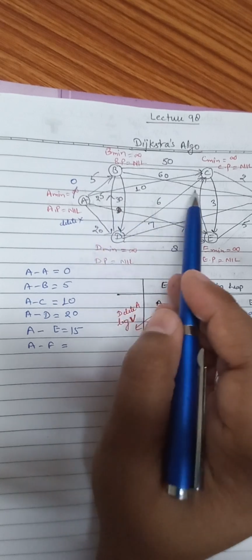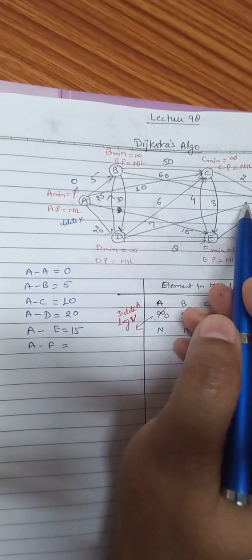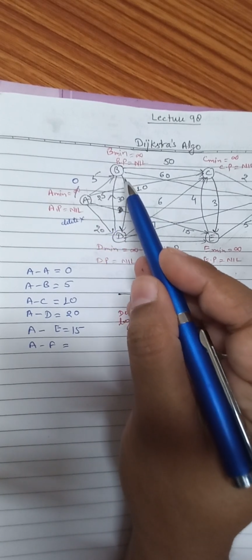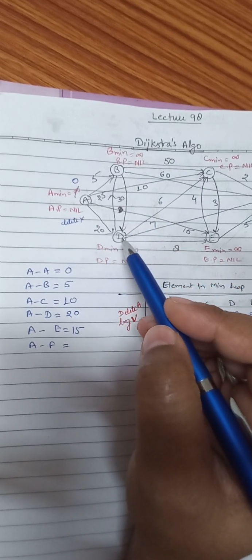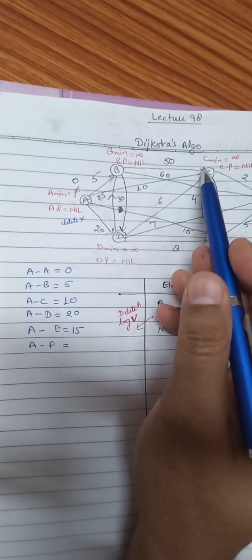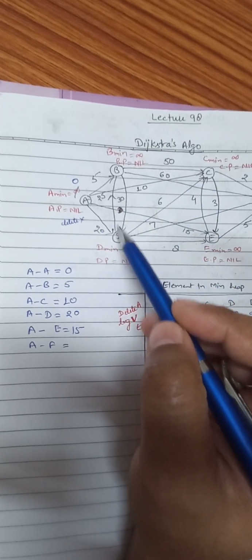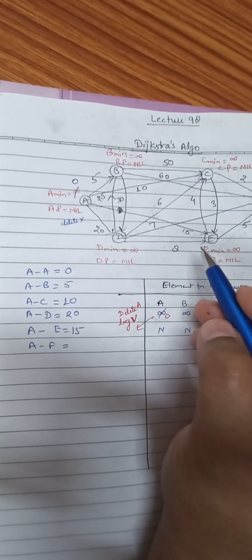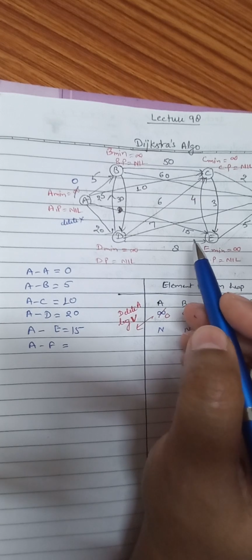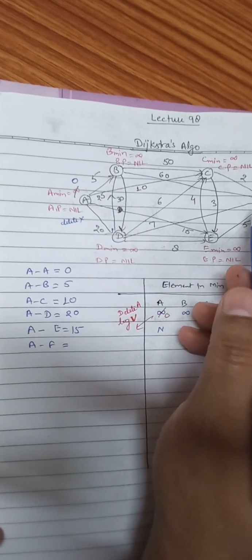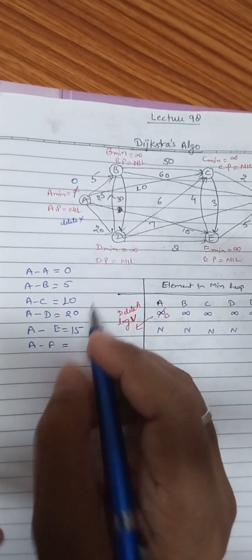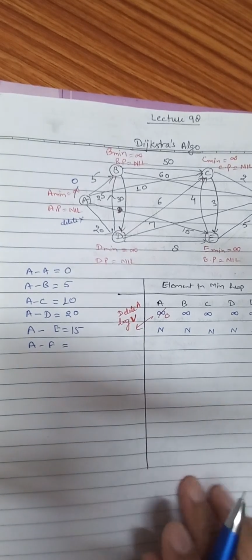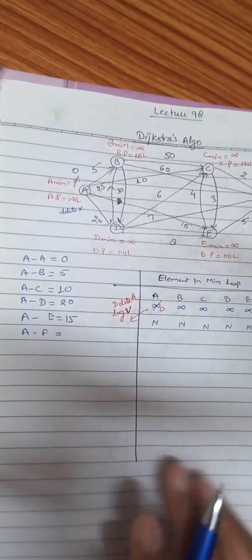A to F, there is nothing, because there is no direct edge from A to F. So A to A 0, A to B 5, A to C 10, A to D 20, and A to E 15. Right now it is carrying 15, and A to F has no direct edge, so we will see what the value will be at the end. Initially these are the values, so at the end we will see whether these values get changed or not.